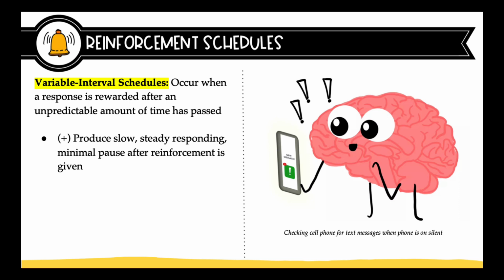Some examples of variable interval is not knowing when you're getting a quiz, not having any sense of the time period of when you get your next quiz. It's called a pop quiz for a reason, right? This type of pop quiz is not fixed. It's varying. It can pop up at any moment. You don't know when it's coming.